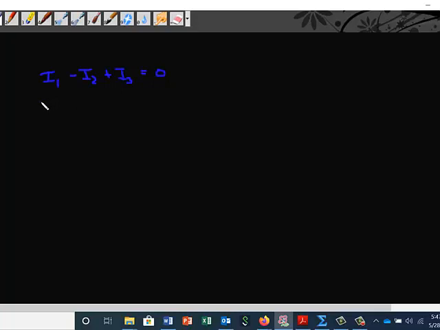Then we have 2 I sub 1 plus I sub 2, which will equal 6. Then we have I sub 2 plus 4 I sub 3, which will equal 8.